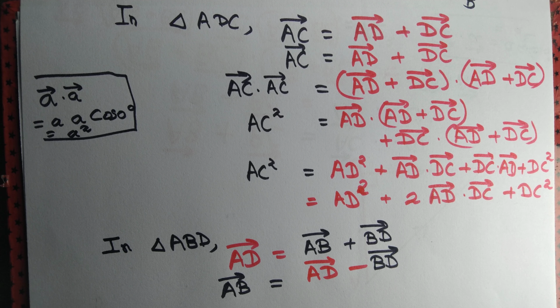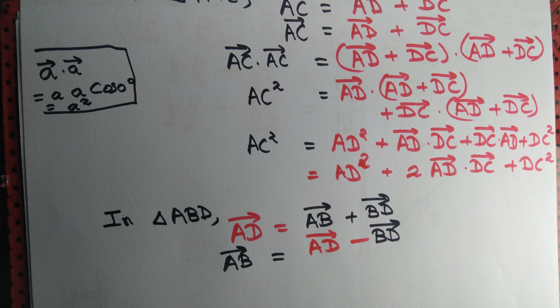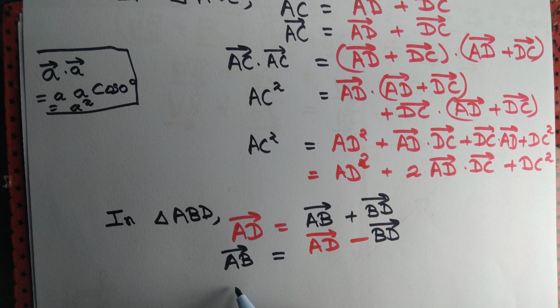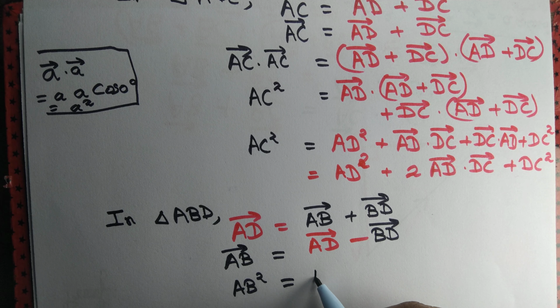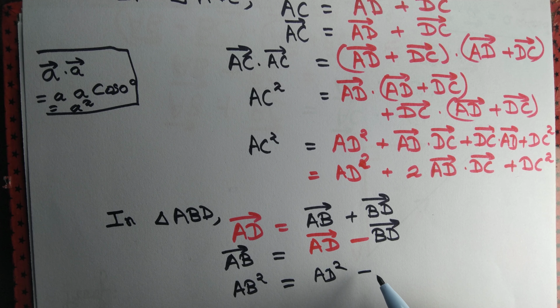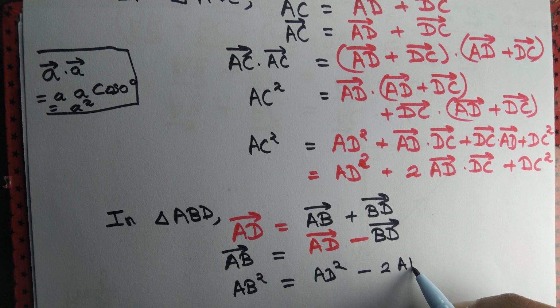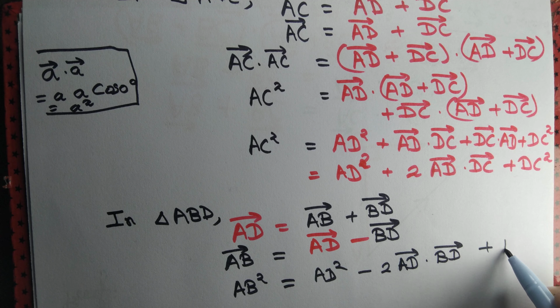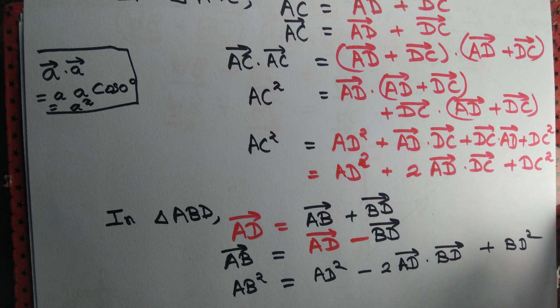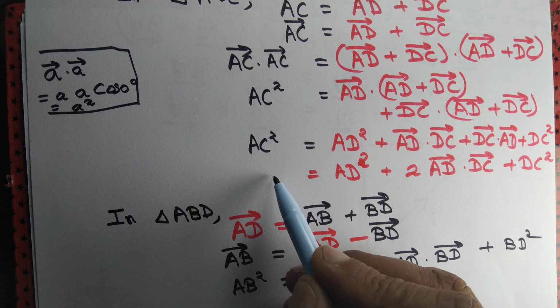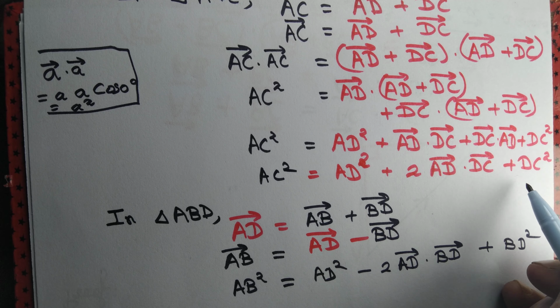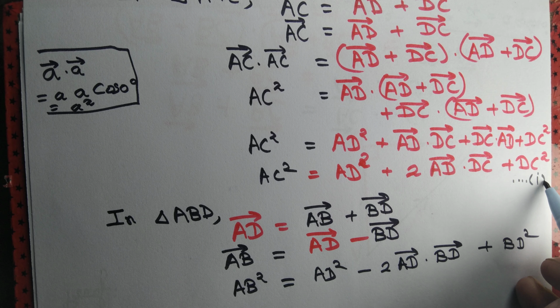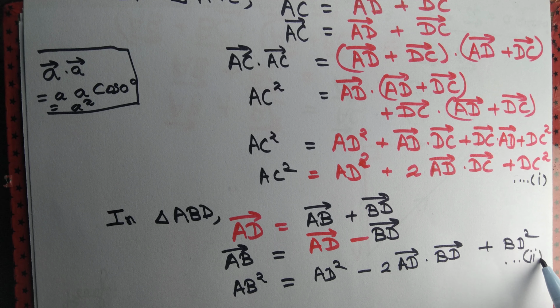And then we can repeat the previous process to have AB square equal to AD square minus 2AD dot BD plus BD square. So we write this one is equation 1 and this one is equation 2.